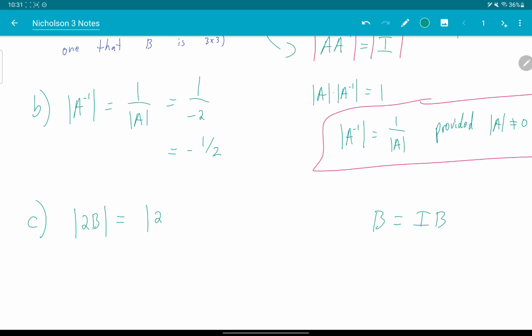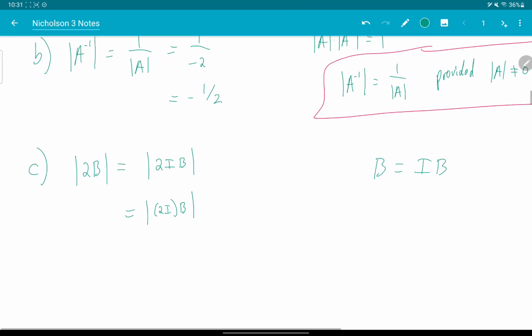So we're going to go 2IB. A clever trick, because if we think of it like this, 2I times B, putting in brackets to emphasize something, now we can use the fact that the determinant of a product is the product of the determinants.